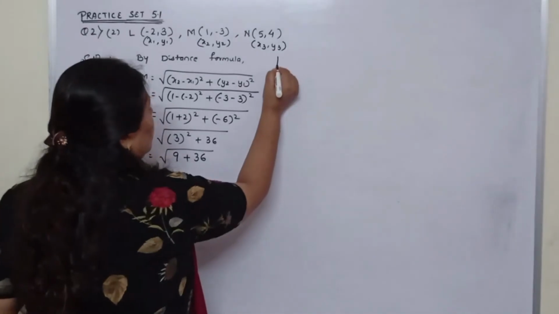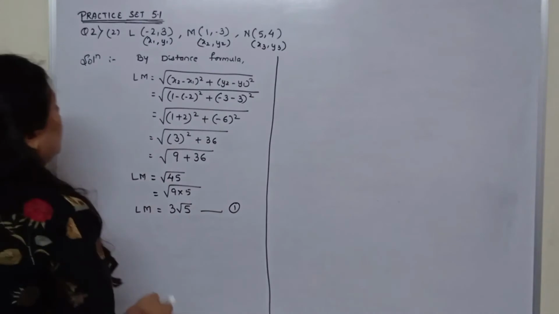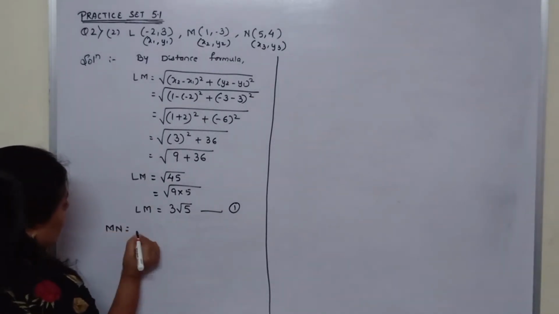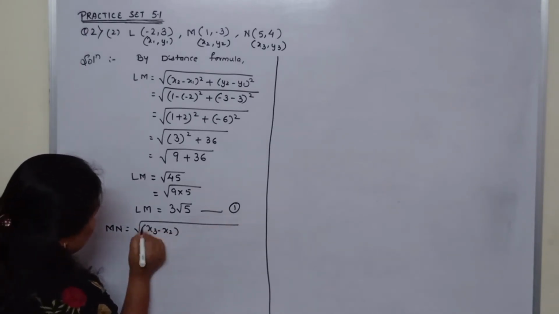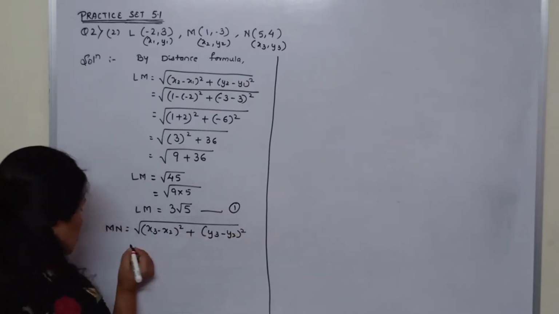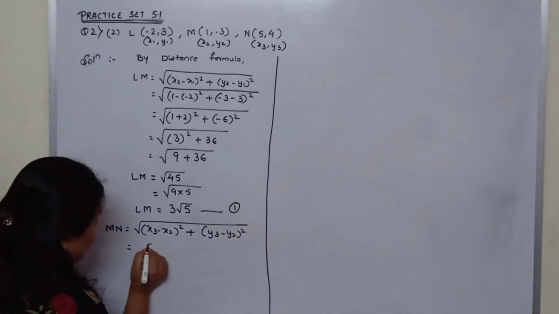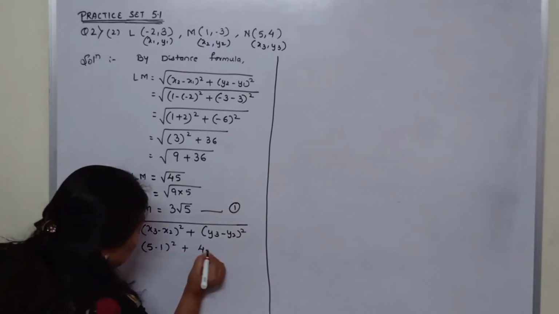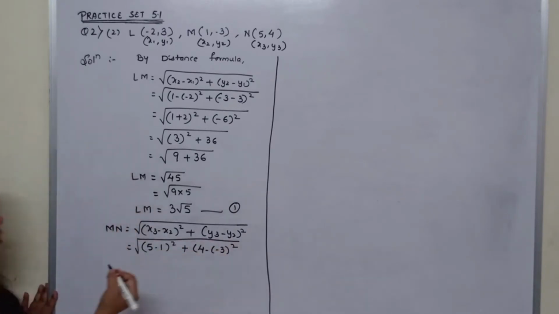Okay. Now we'll go for the second equation, that is for MN. So MN equals under root (x3 minus x2) the whole square plus (y3 minus y2) the whole square. So what is x3? 5. (5 minus 1) the whole square plus (4 minus 3) the whole square, take it in root.